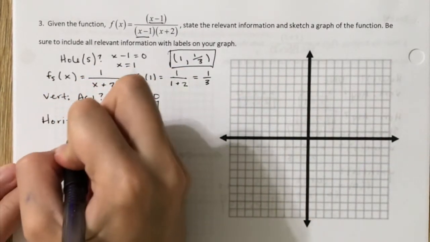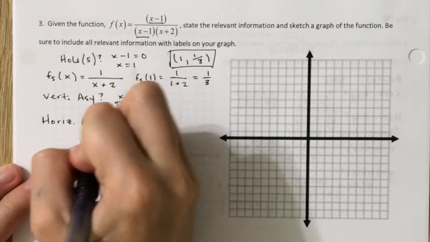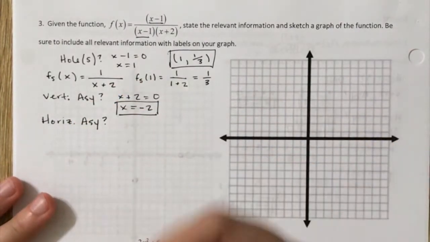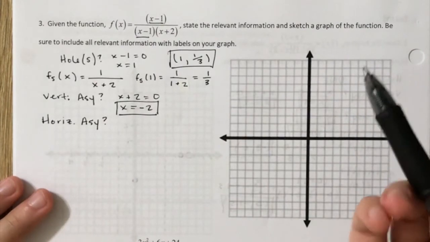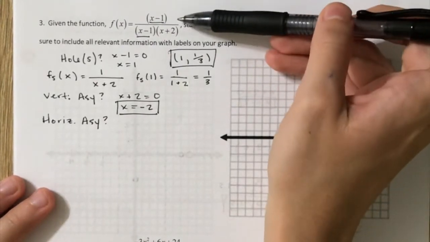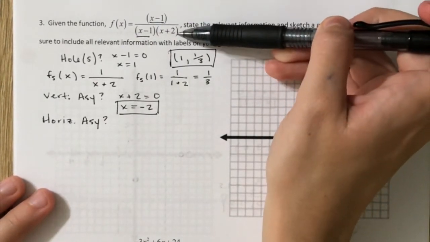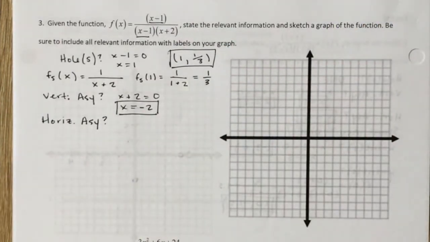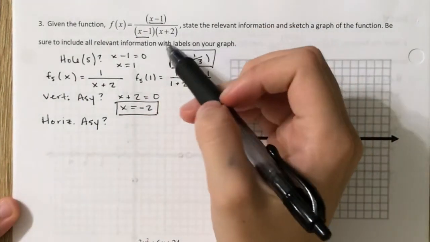Horizontal asymptote, we've got to think about our rules, which means we need to think about our degree. The degree on top is smaller than the degree on the bottom, which means that when we divide, looking for the quotient of this rational function, it's not going to fit.